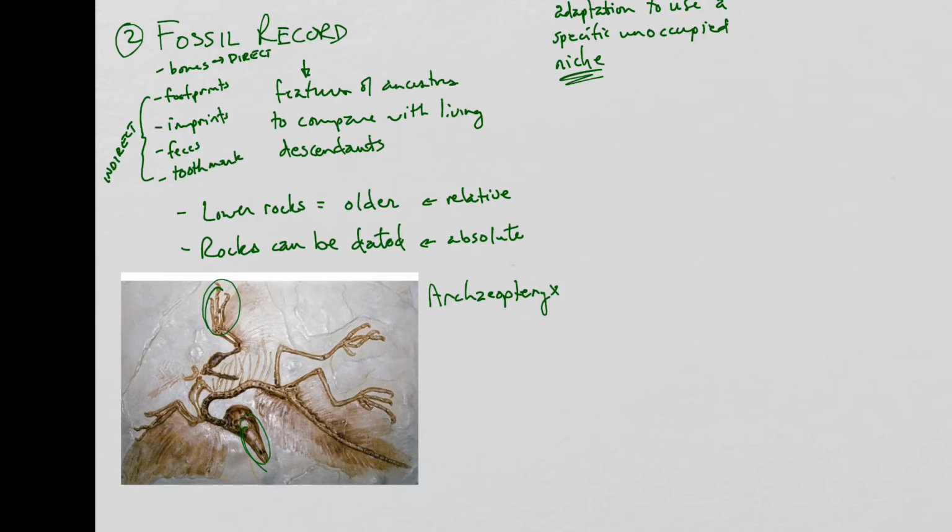But one of the most interesting things about this are these imprints right here, which show feathers. This is one of the first appearances in our fossil record of a feathered dinosaur, which is really, really neat.